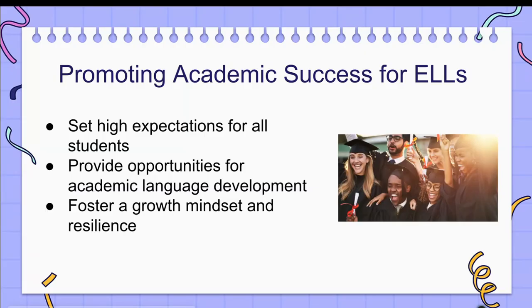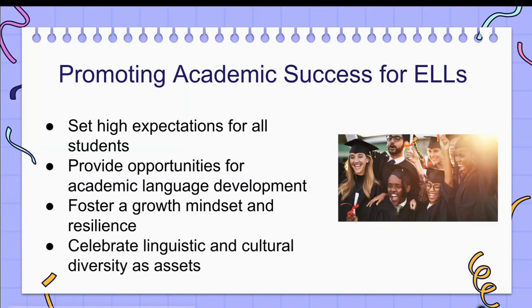Foster a growth mindset and resilience. Learning a new language while mastering Algebra 2 is challenging, and students need to believe in their ability to grow and improve. Celebrate linguistic and cultural diversity as assets. Multilingualism and multiculturalism are strengths, not deficits.